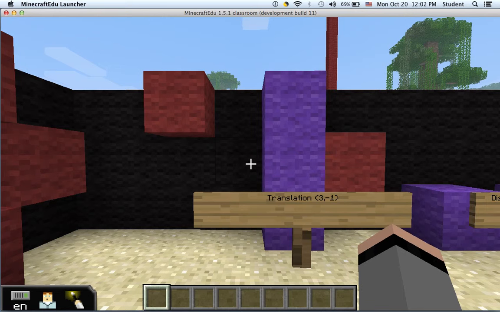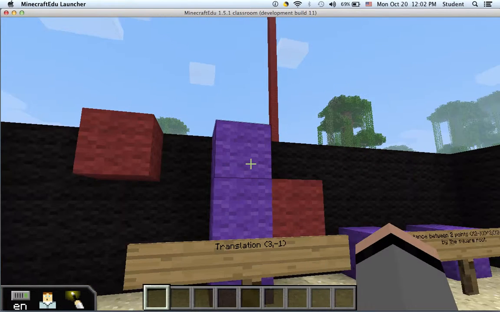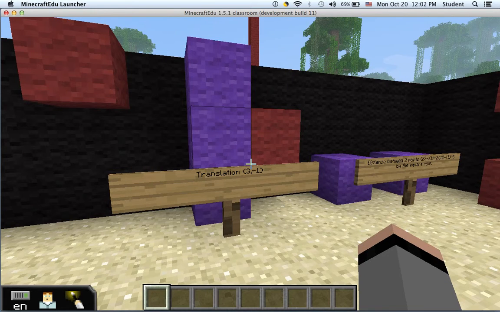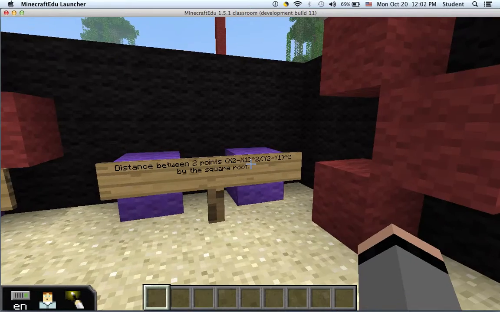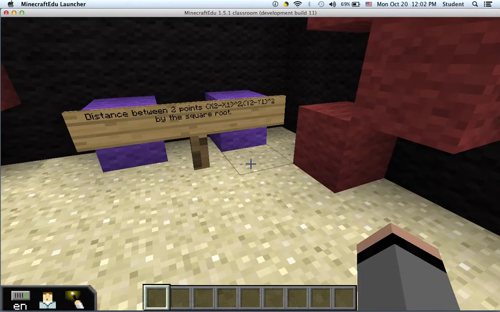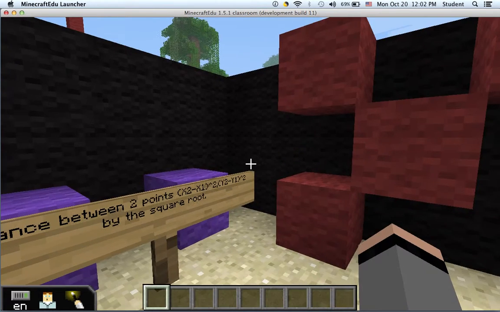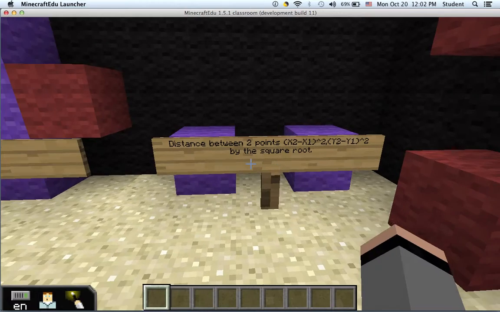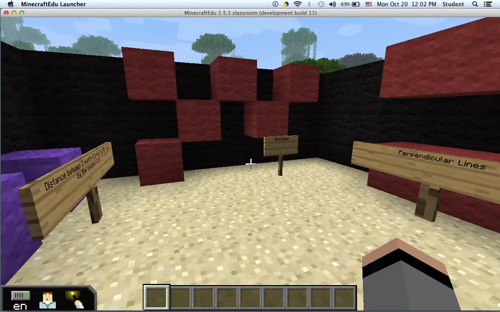So you start on the left side, and you go over 3, 1, 2, 3, and then down 1 right there. So that translates to that. And then if you go over 1, you have distance between 2 points. And the way to figure that out, there's the formula right there. And yeah, distance between 2 points. And then back here, you have rotation.